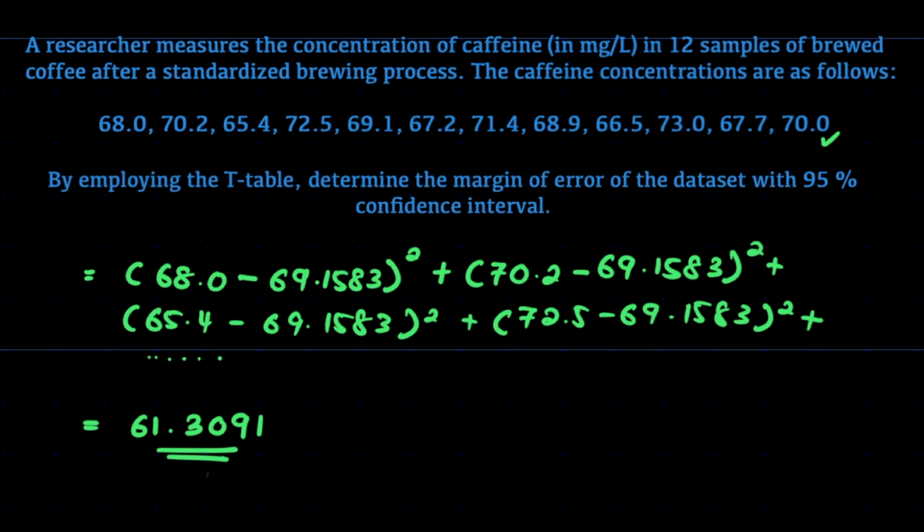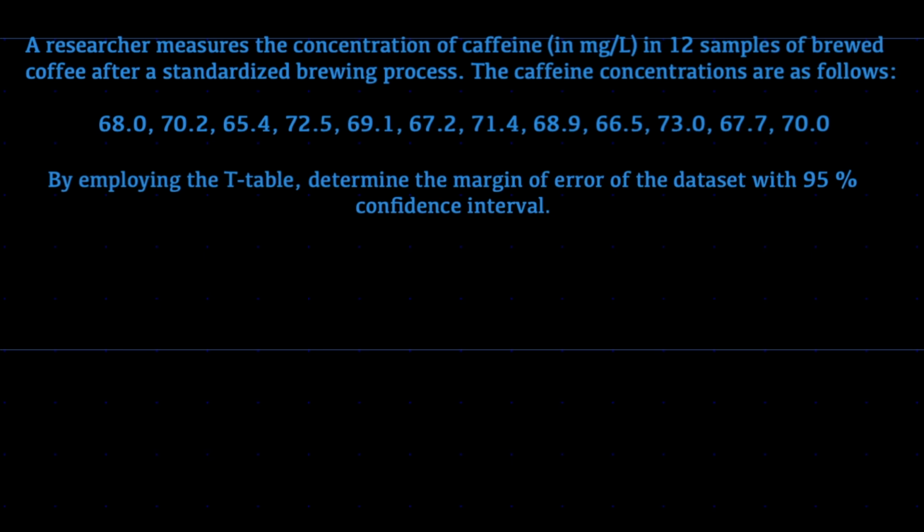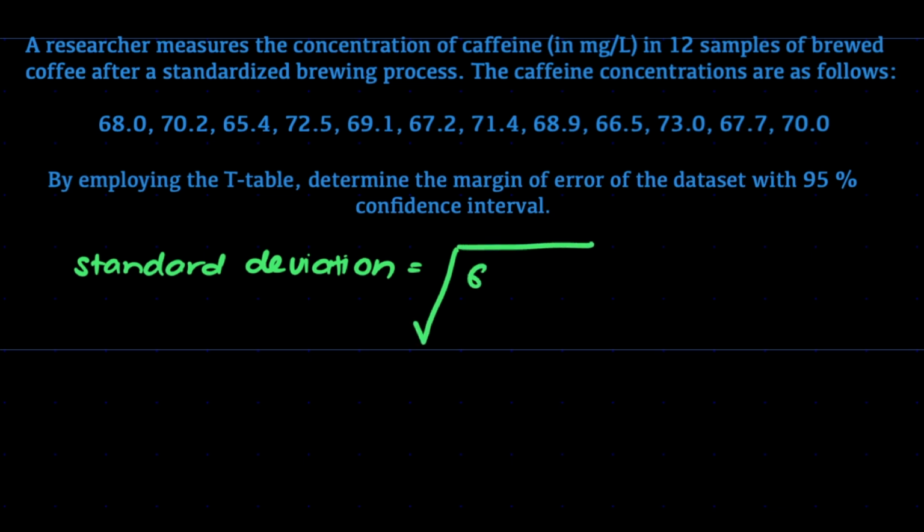Then only can you proceed with the calculation of the standard deviation. For the standard deviation, the value that you have calculated just now, 61.3091, is divided by the number of samples minus 1.